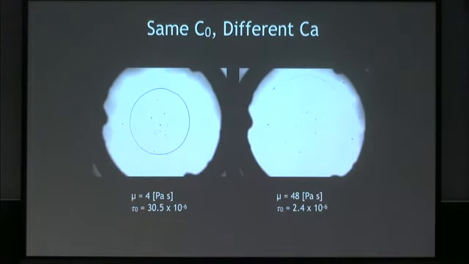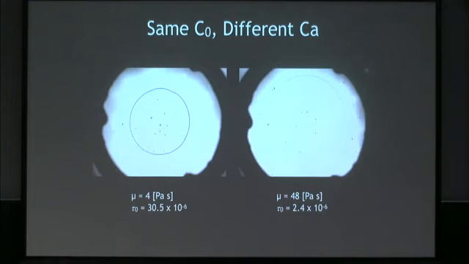And here's an example. How am I doing with time? I'm doing actually not bad. Huh? So this is about two different viscosities, the same aspect ratio, but we change the capillary number by changing the viscosity of the fluid. Here is a 4 Pascal second fluid, and here's a 48 Pascal second fluid.